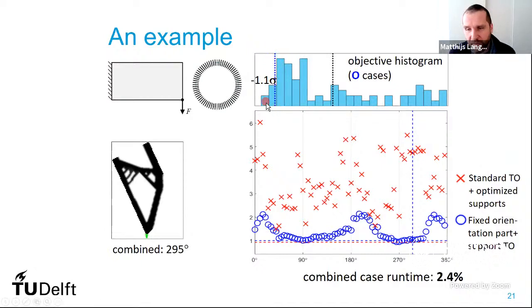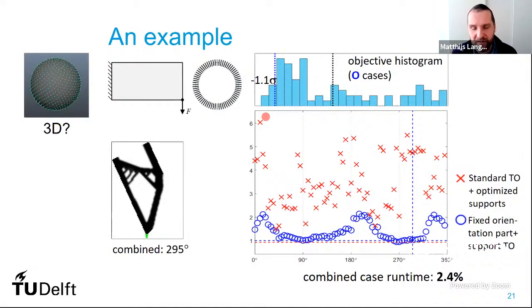So there are a few that are actually better in this distribution, but for the cost that it's 2.5 times more expensive than doing one single optimization, because the geometric filter is really inexpensive. It is still, I think, a decent result. But there's room for improvement here. And I must say, I have not found the time yet to try this in 3D, because then it becomes a different challenge that you have to sample more orientations.